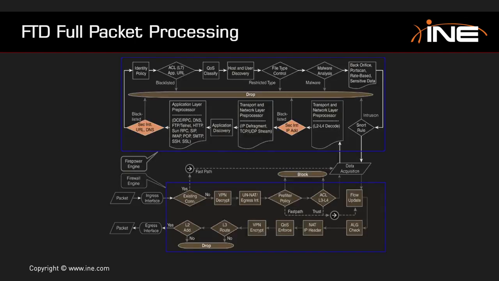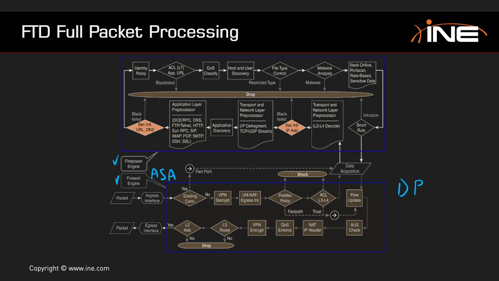So to visualize this, remember that the FTD consists of two main engines. We've got the firewall engine and we've got the Firepower engine. The firewall engine, this is the ASA, this is Lina, and this is what sits in the data plane.